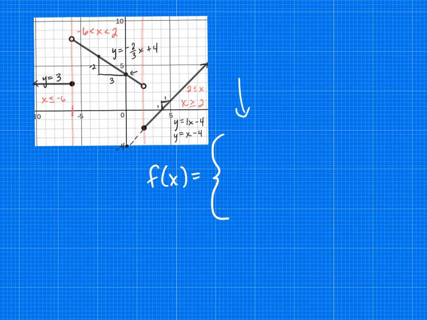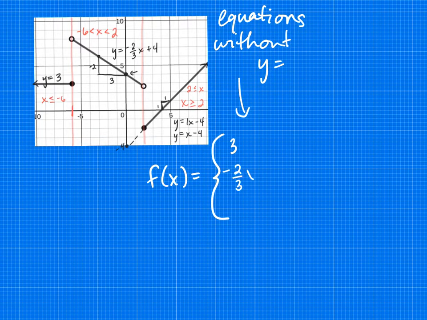So what goes here? Equations without y equals. So I have the equation y equals 3, the equation y equals -2/3 x plus 4, and I have the equation x minus 4. So those are my equation parts.